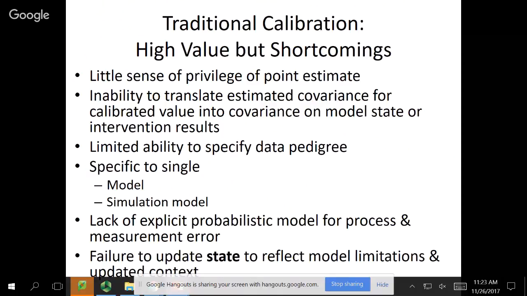It is something where we often lack an explicit probabilistic model for the process error and measurement error being assumed in calibration. But perhaps most critically, ladies and gentlemen, even if we calibrate a model over time as new data comes in on an occasional basis, calibration is updating estimates of parameters, not estimates of the underlying model state over time.